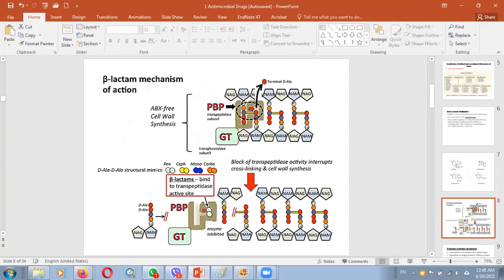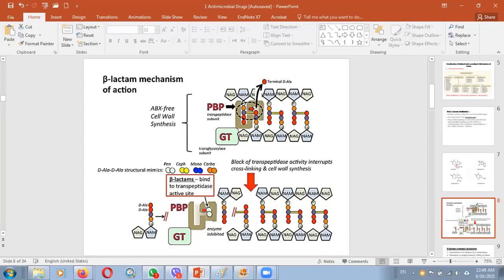This slide shows the mechanism of action of beta-lactams. The figure above shows the structure of the bacterial cell wall. There is an important ingredient in the bacterial cell wall here, PBP, and there is an enzyme that is responsible for building these cell wall blocks, called transpeptidase.